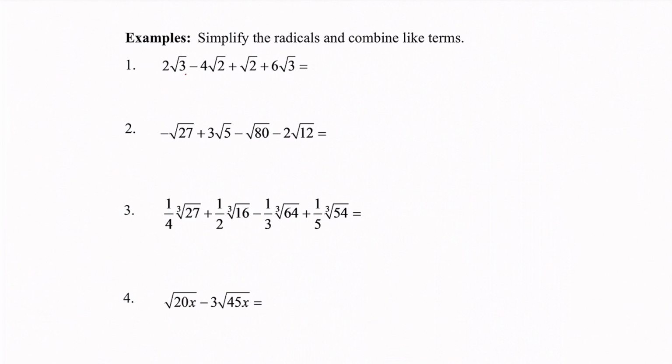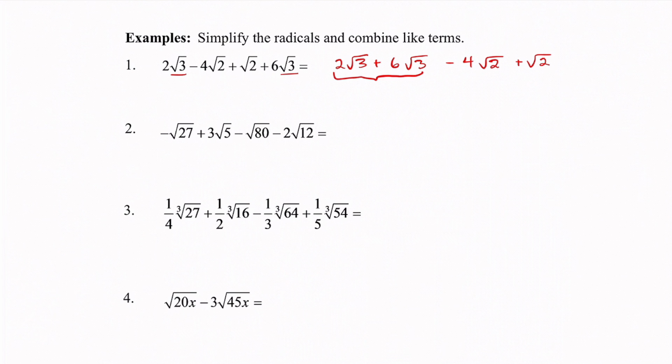So in the first one, I have a square root 3 and another square root 3, so those two I'm going to write right beside each other. So I got 2 square root 3 plus a 6 square root 3. And then those square root 2's, I can put beside each other: 4 square root 2 plus square root 2. These two I can put together because they're both square root 3.